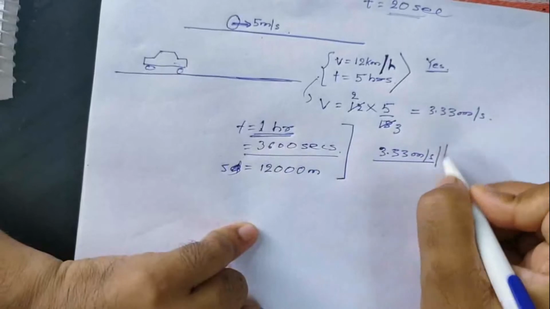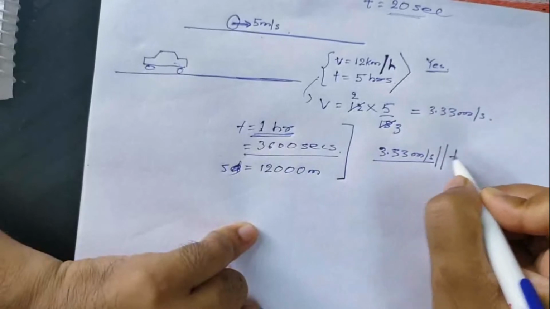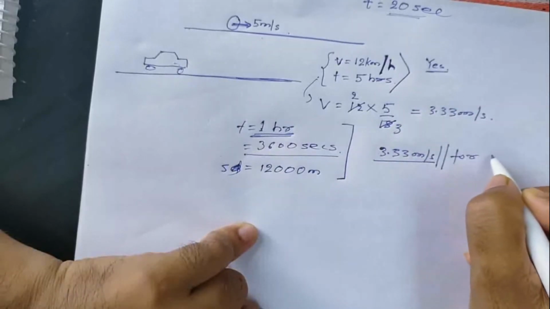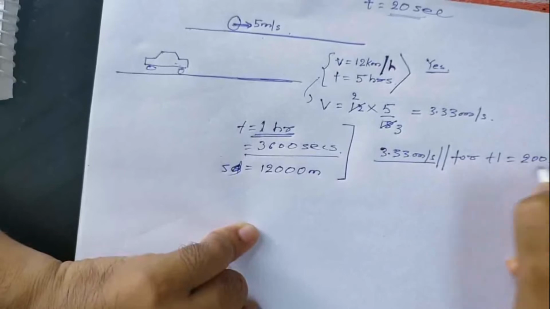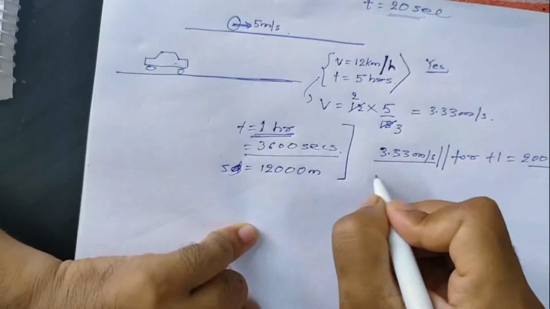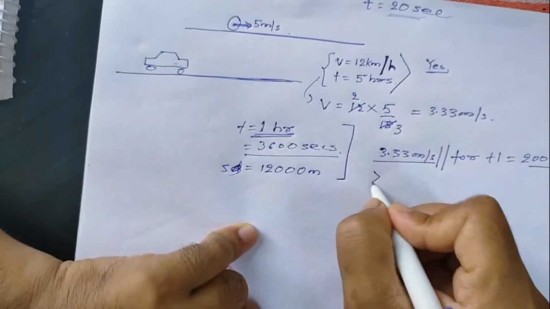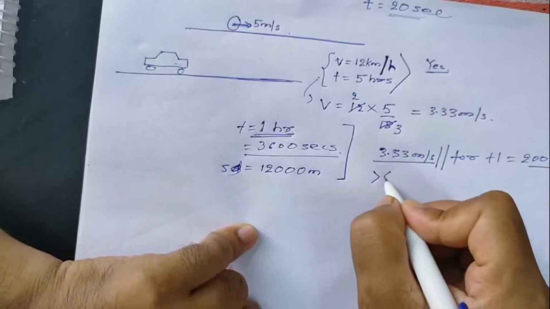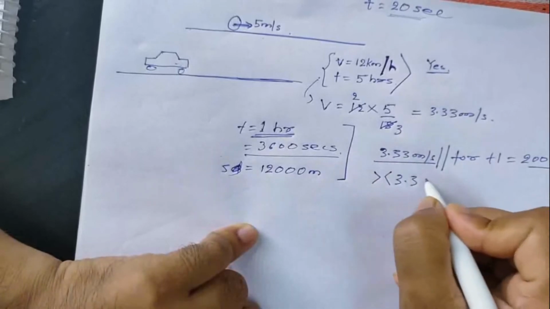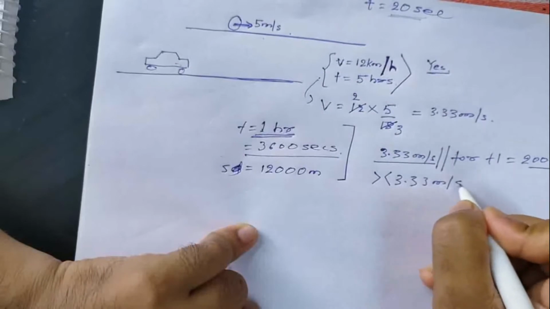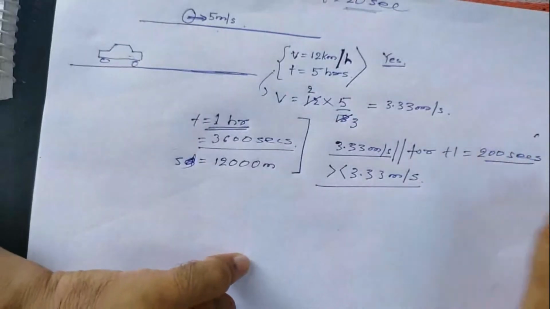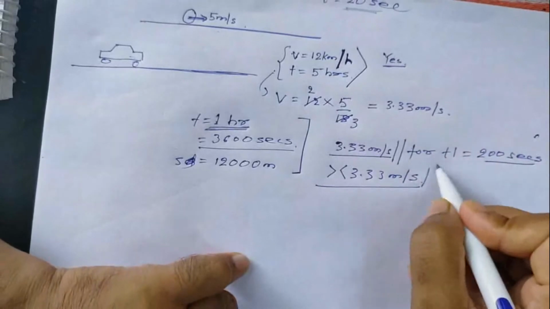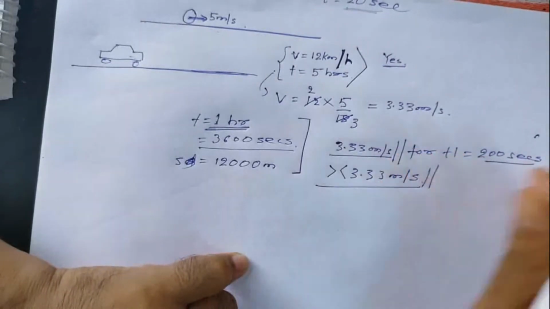For, let us say, d1 equal to 200 seconds. And he might have gone more than or less than 3.33 meter per second for the rest of the duration. This is possible or not? This is generally the case. Okay, this is for the rest of the duration.